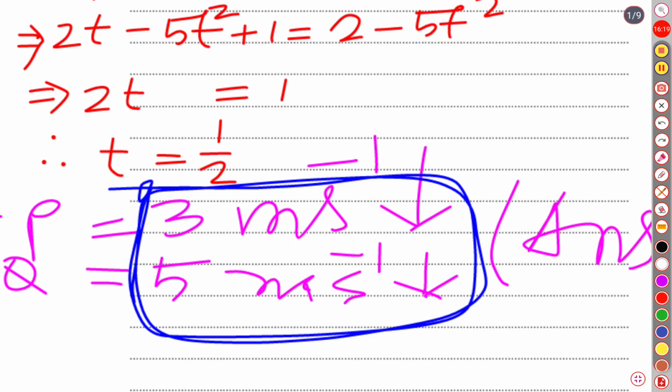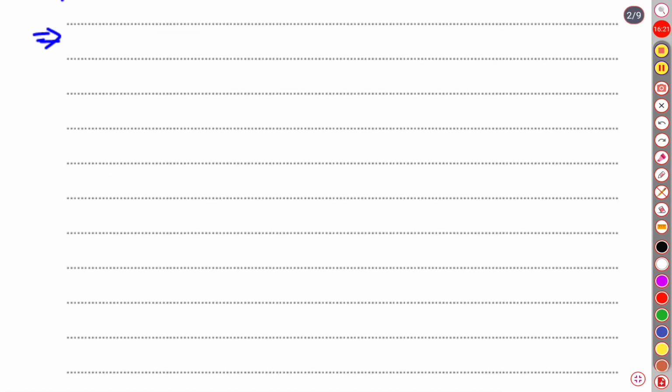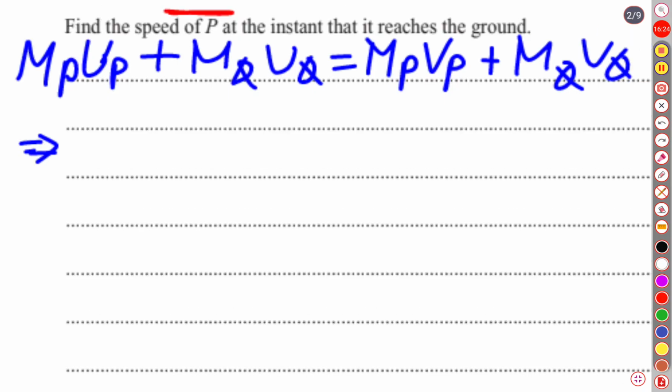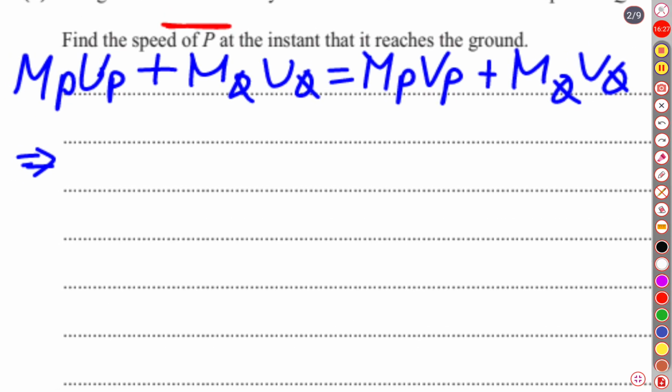Let us substitute these values. The mass of particle p was 2m into initial velocity of p, 3 meter per second, plus the mass of particle q, m kilo, and initial velocity of q, sorry, it was not 0, it was 5 meter per second.